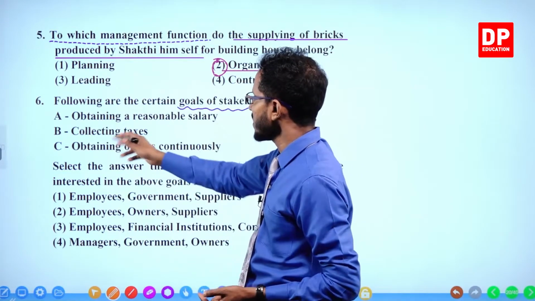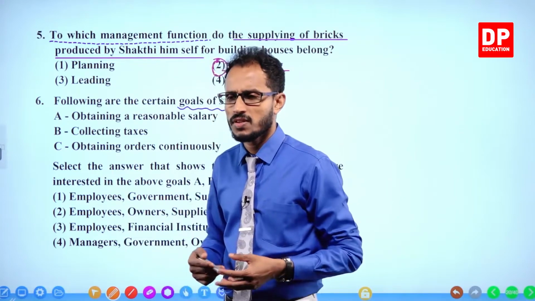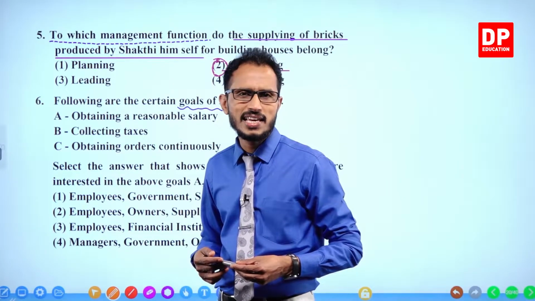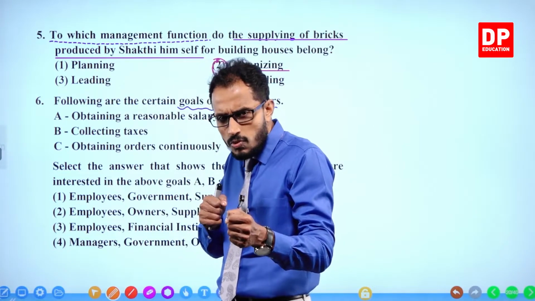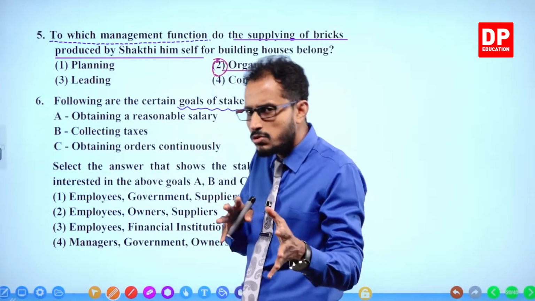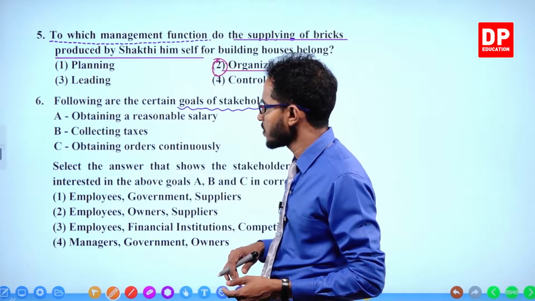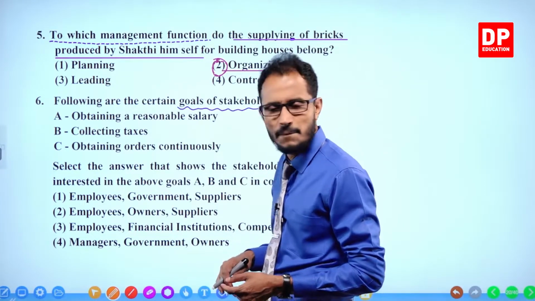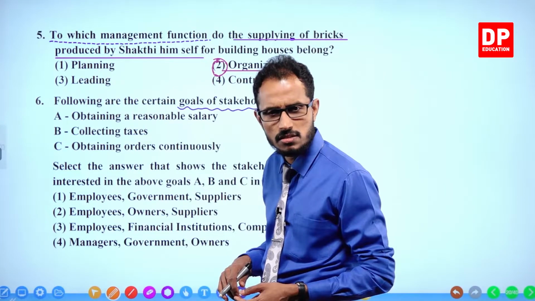Collecting taxes. Are the employees of the business waiting impatiently, hiding in the bushes until the company pays taxes?